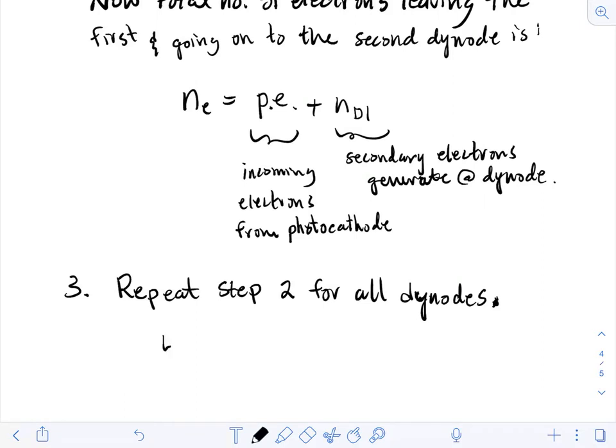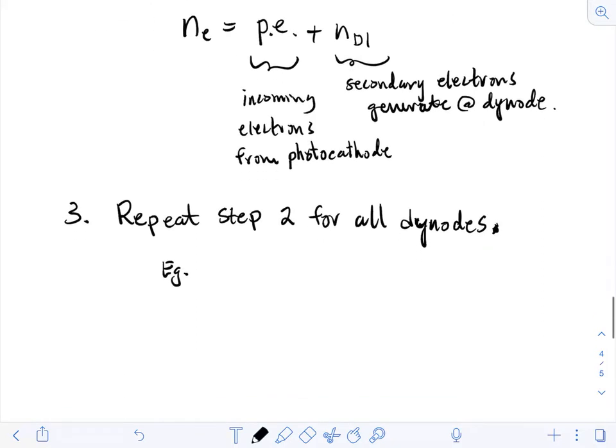So for example, let's call this Ne1, the number of electrons leaving the first dynode. Then for the second dynode, mu is going to be updated.